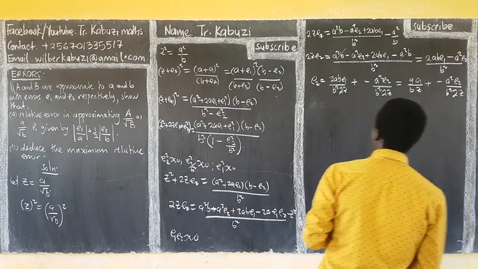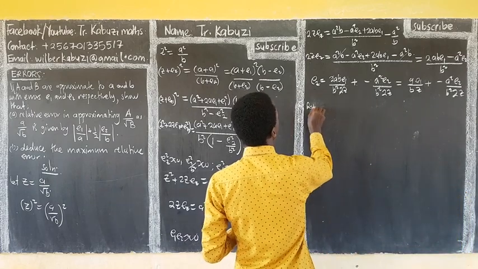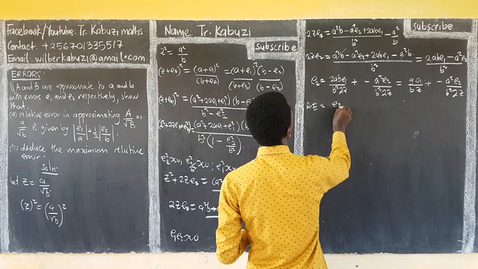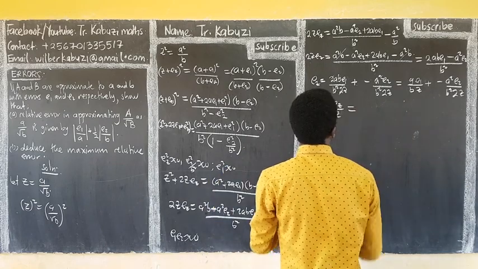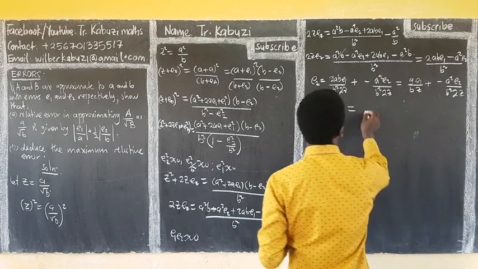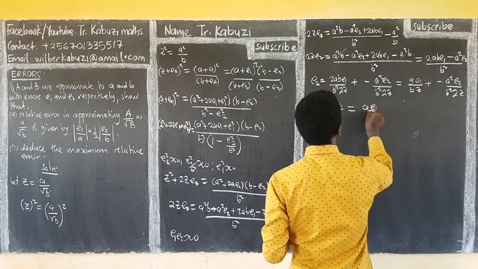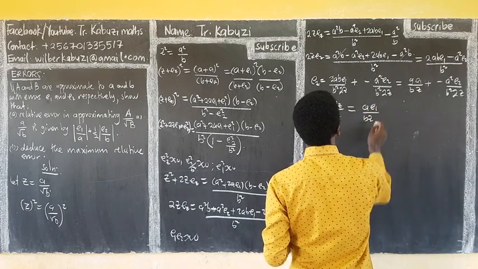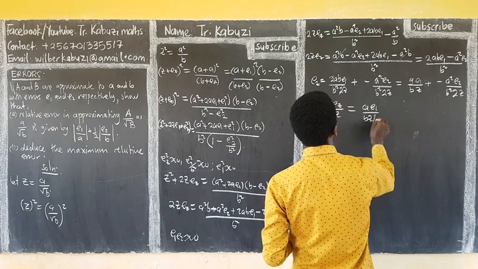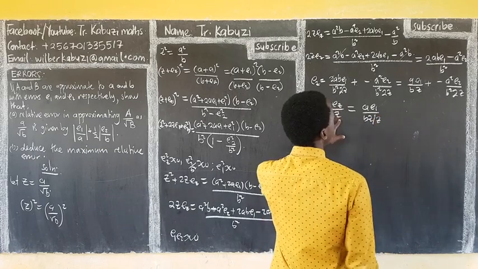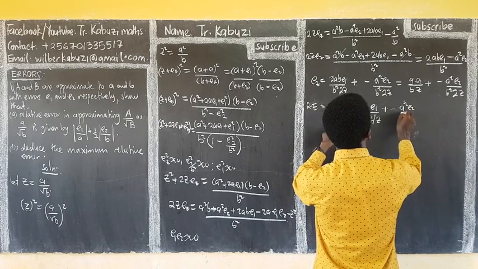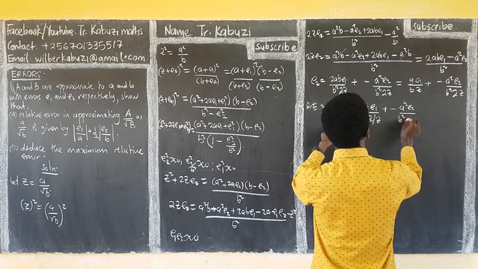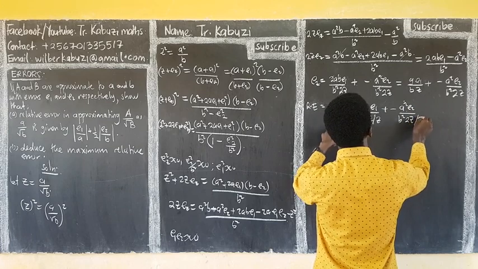If I'm finding my relative error, it will be Ez over z. So now the whole of this I divide with a e1 over bz. Now I divide by z, I'm dividing with this z. Then plus a negative e2 divided by z.